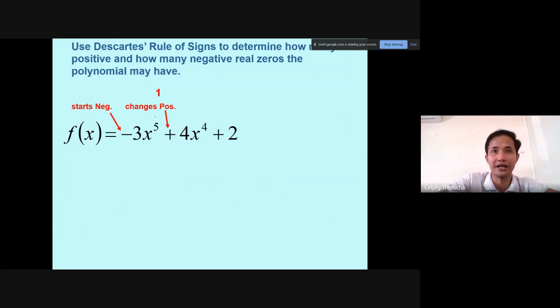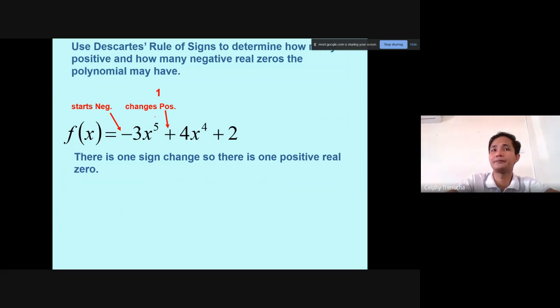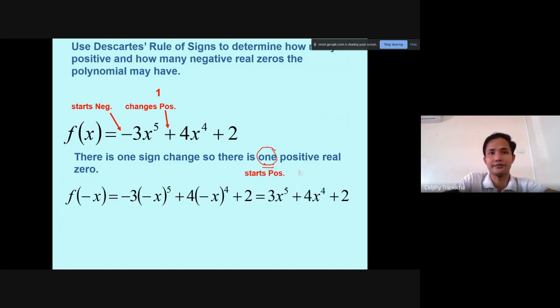We have 1, and there are no more changes in our signs. So there is one sign change. So we have only 1 positive real zero. We cannot subtract an even number anymore because it is already 1. 1 minus 2 would be negative. So there is exactly 1 positive real factor.